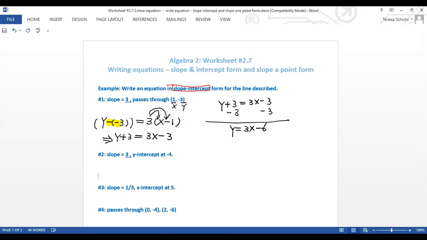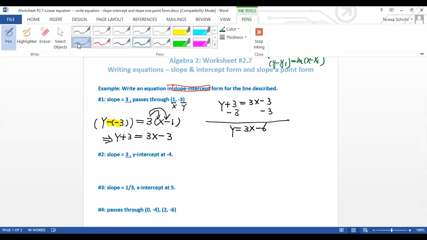Okay, so the next one is here. Let me just write over here so we can refresh. This is y = mx + b, or you can say y minus y1 equal to m times (x minus x1), right? Those are the two formulas we're going to use for this lesson. Now let's take a look at this one.